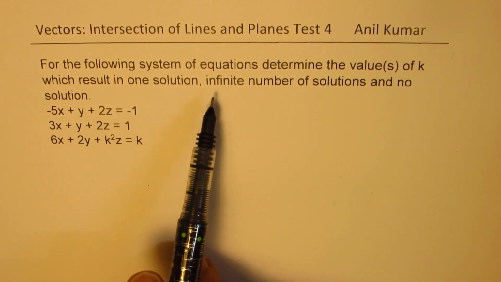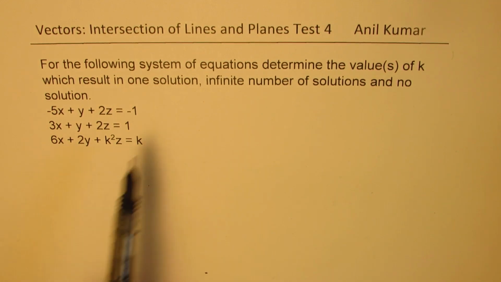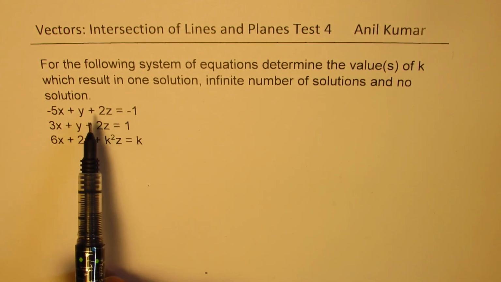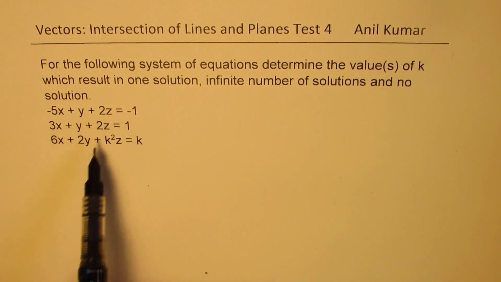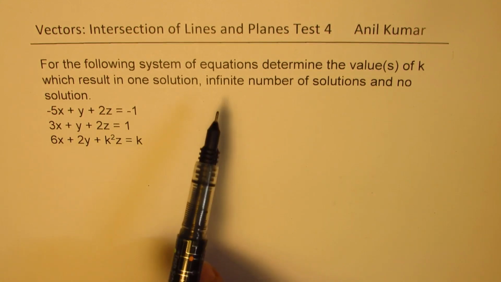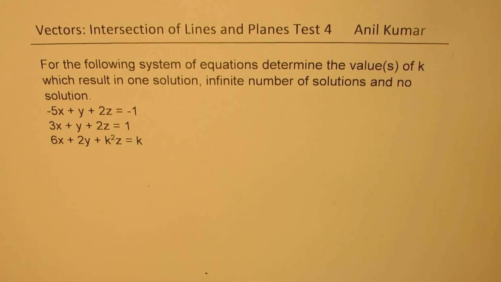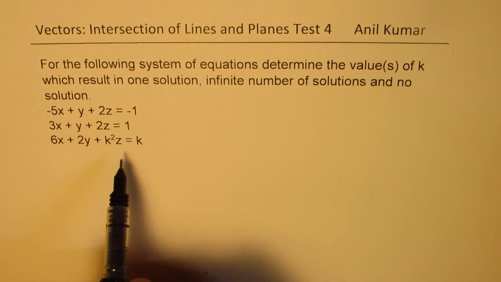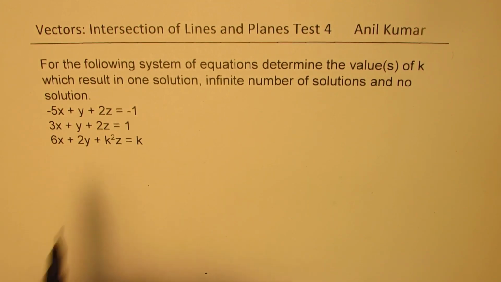Well, when we say infinite solutions, we basically mean that it will be a line, right, which is common. These planes are not coincident, and therefore we cannot have a plane as a solution, correct? Okay, so let's use the augmented matrix row echelon method to solve and then find the value of k.